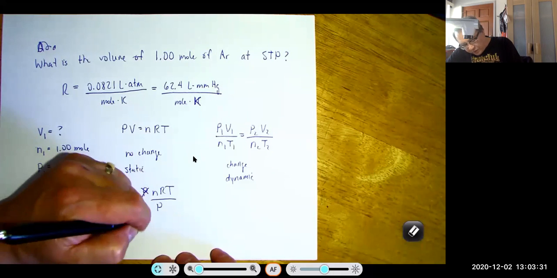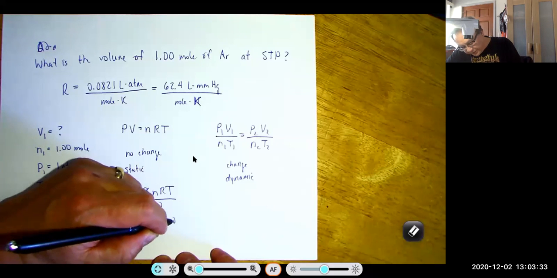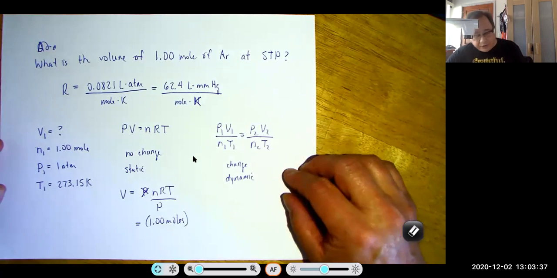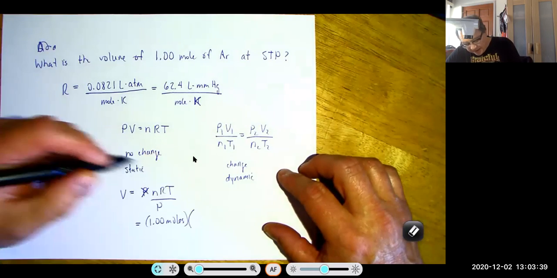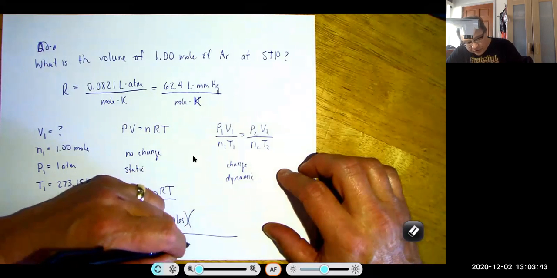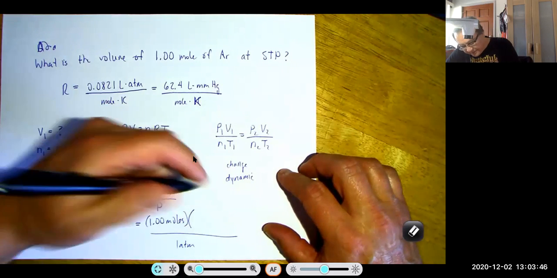So moles is 1.00 moles. And as always, when we're doing these problems, please put your units in. Now, the pressure is 1 atmosphere, so I'm going to use this R with atmospheres in it.